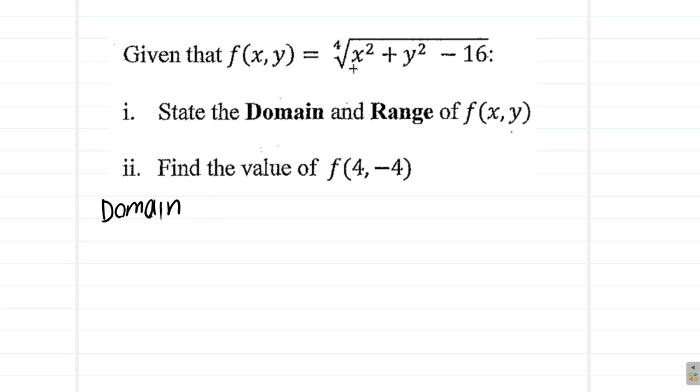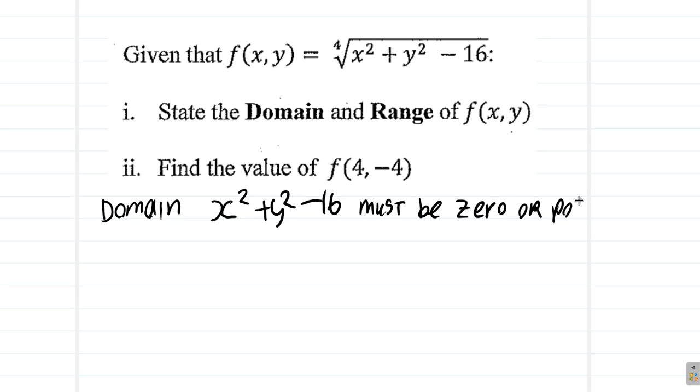So what you have under the fourth root sign, x squared plus y squared minus 16, must not be negative. Therefore it must be zero or positive.